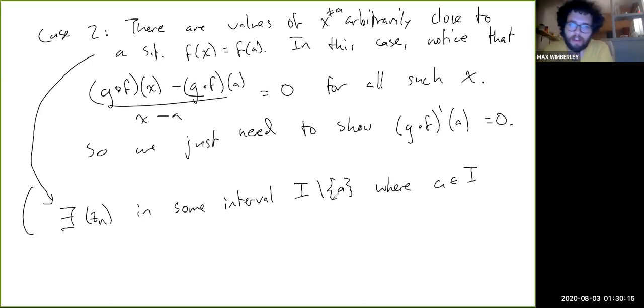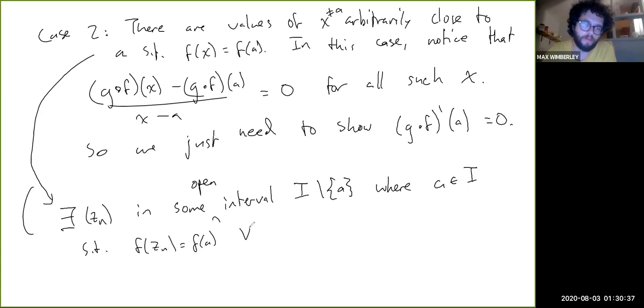So the deleted interval here is some open interval containing a, but you delete the point a, and then there's a sequence zn where f of zn equals f of a for each n.